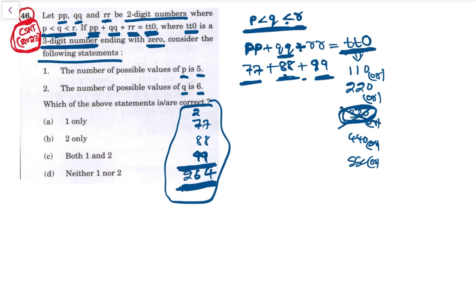So 330 नहीं हो सकता, 440 नहीं हो सकता, that is TT0, and it cannot be 550, 660, ये नहीं हो सकता. So only possible value of TT0 is 110 or 220.